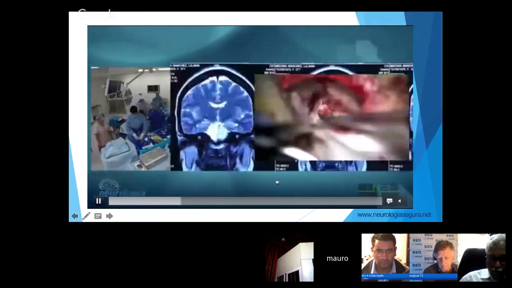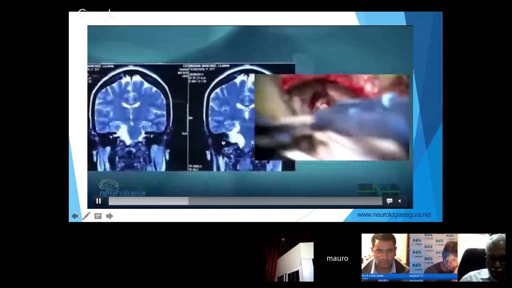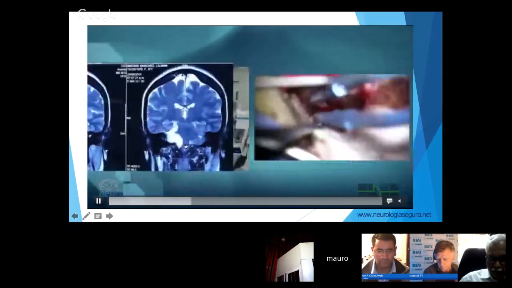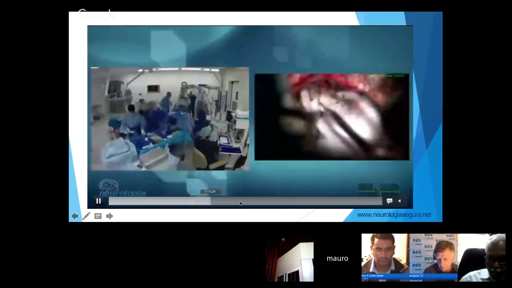At the bottom, you can see the typical imaging. This is not so huge a tumor, but it's somewhat large.